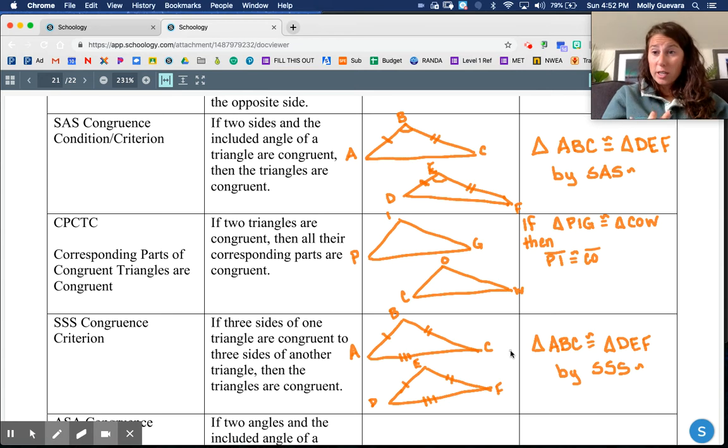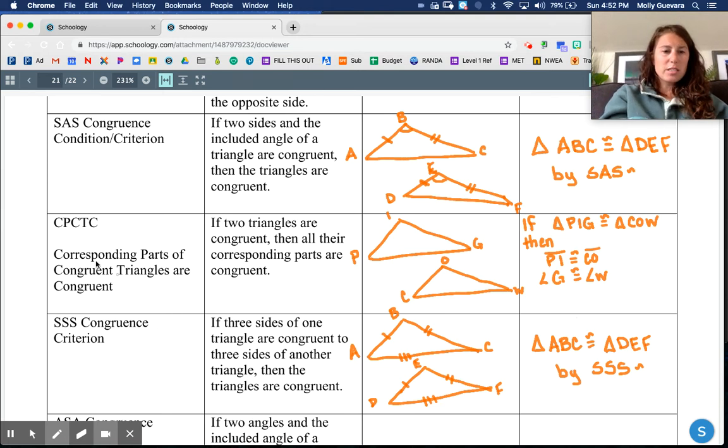They're corresponding parts. This side and this side are corresponding so that they are congruent. I can also say that angle G is congruent to angle W, right? They are corresponding parts. They are in the same position. And I can do that for all three angles, and I can do that for all three sides, right?